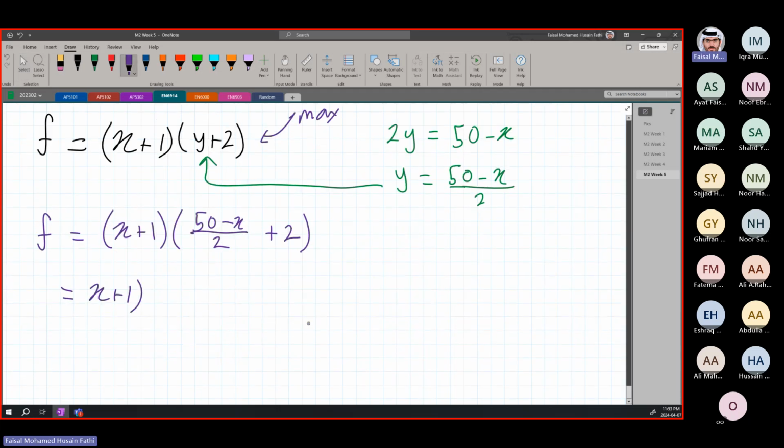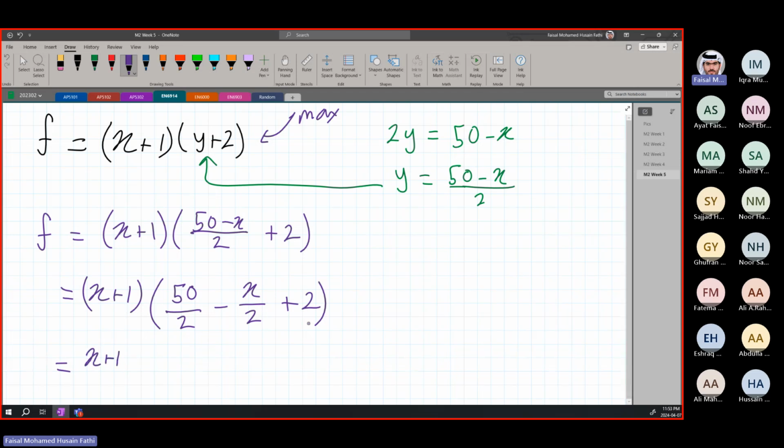x plus 1 times 50 over 2 minus x over 2 plus 2. 2 plus 50 over 2 is simply going to be 54 over 2 minus x over 2.